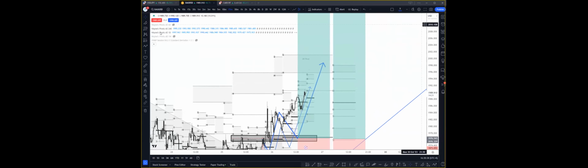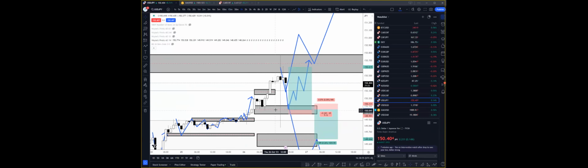We have not broken any support zones yet. So we'll go through gold tomorrow. And then this would be our plan for dollar yen, which is a buy at 150.03.